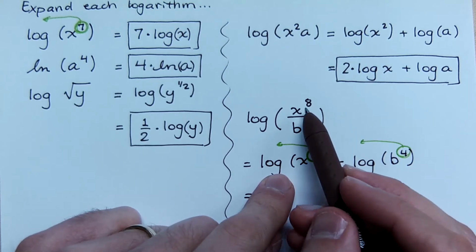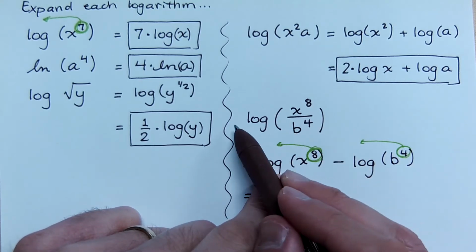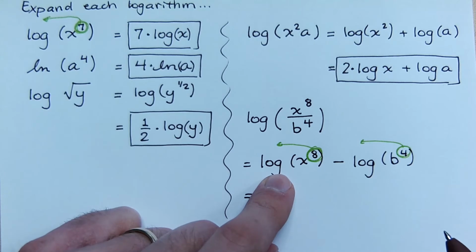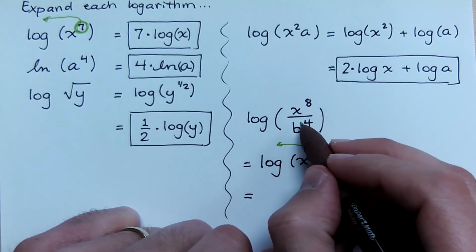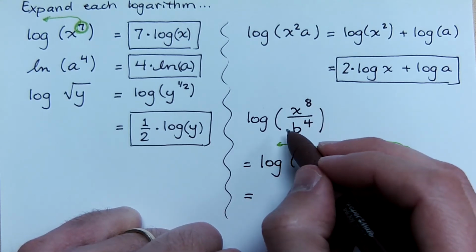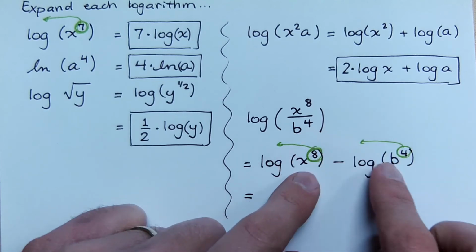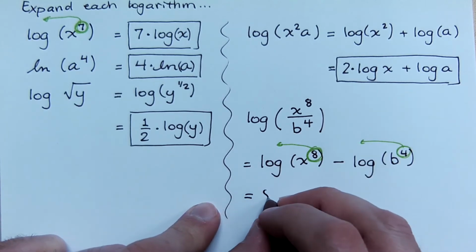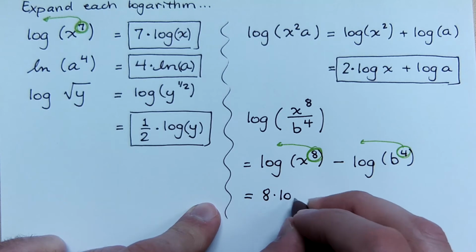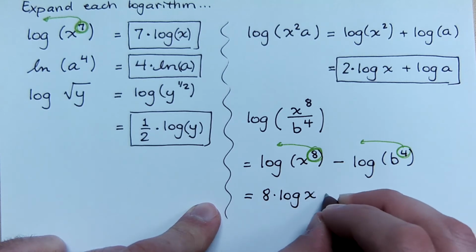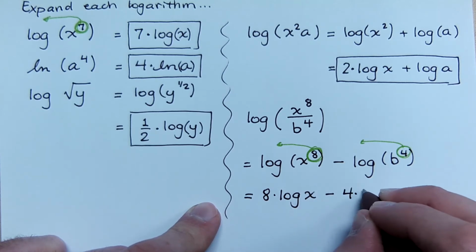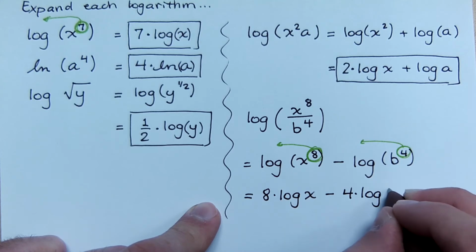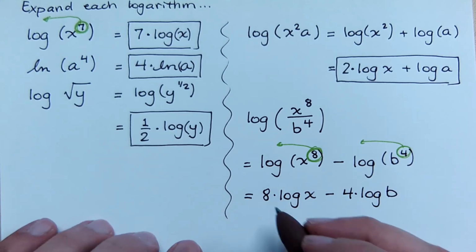If you had tried to bring the 8 or the 4 out to the front at the beginning, it would have been wrong, because it wasn't that everything inside here had a power of 8 or a power of 4. It's only once you separate them that you are allowed to say 8 times log of x minus 4 times log of b.